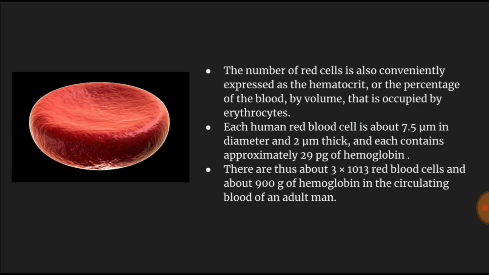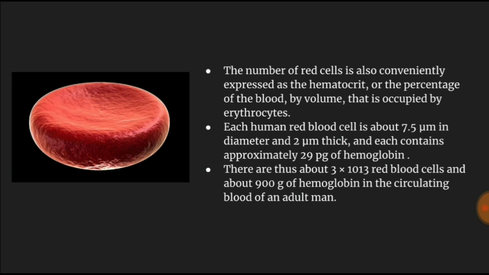So that is the diameter of the human RBC, and it is 2 micrometers thick, and it consists of 29 picograms of hemoglobin. These numbers are very important, as the normal count of RBCs is usually asked in the exam.